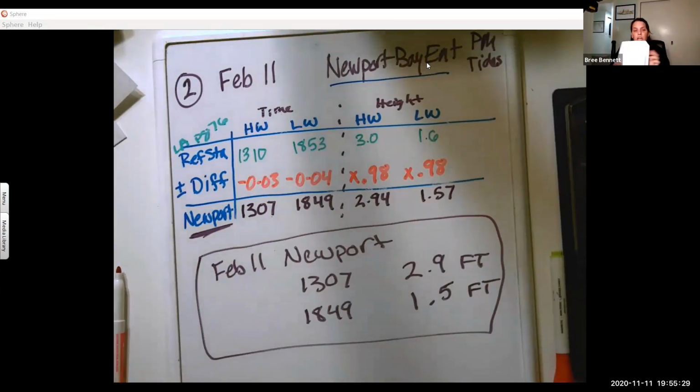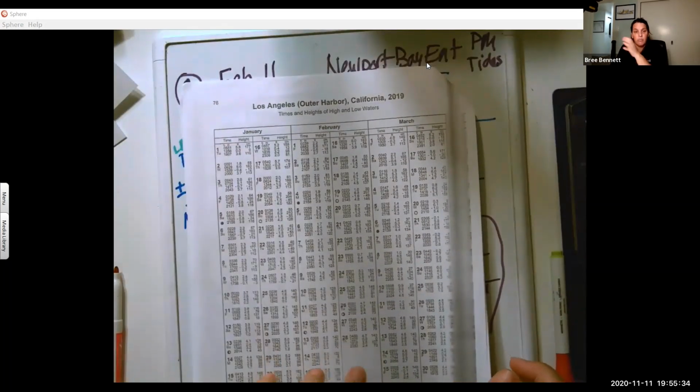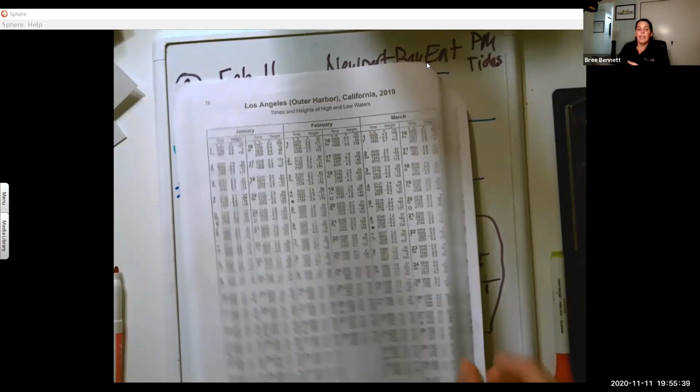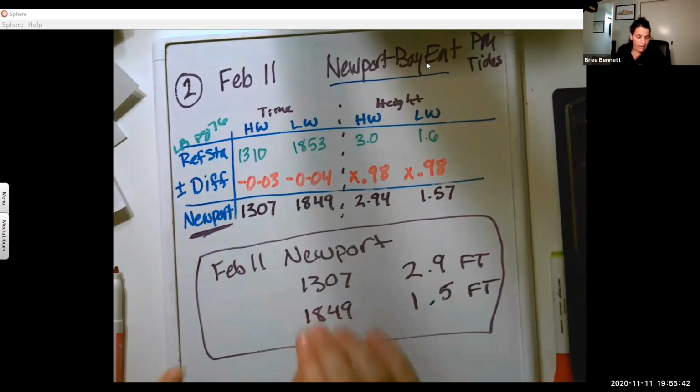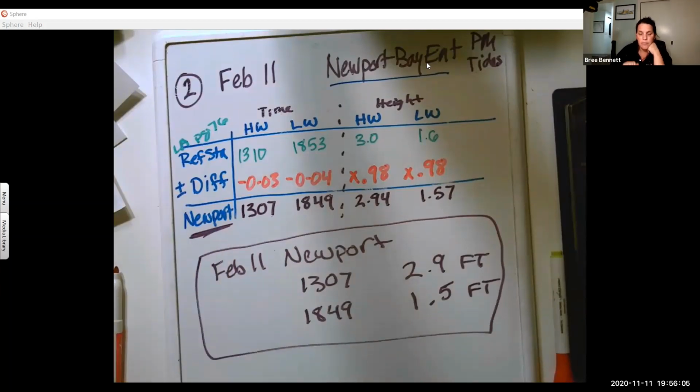Those are your table 1, your Los Angeles Harbor tide tables printed out in little pocketbook form. So because in Newport and a lot of the places that we are navigating, this correction is so small, we can just use the reference station and say, hey, that's good enough for me. I want a wiggle room anyways. Don't want to bother with calculating the difference at the subordinate station.